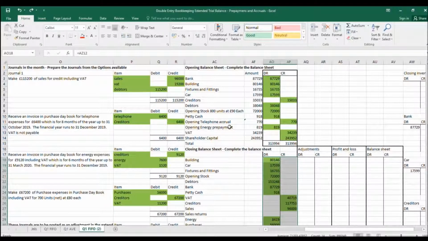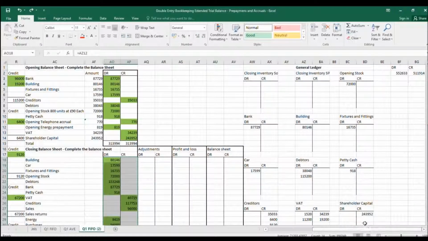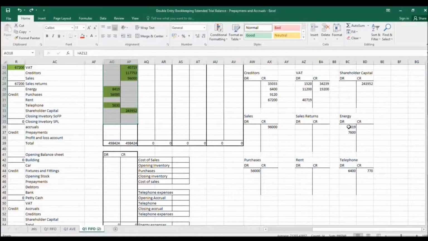So there was a journal that went debit telephone accrual, credit telephone expense, and a journal that went credit energy prepayment and debit energy expense. So that must be in here somewhere. So there's the credit of the energy prepayment, and then debit energy expense, and there is the debit telephone accrual, credit telephone expense.